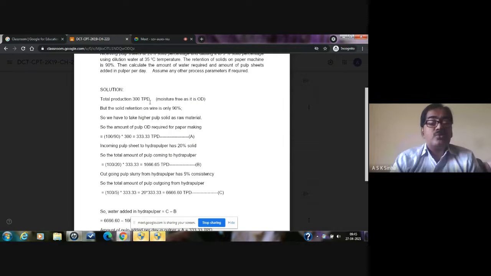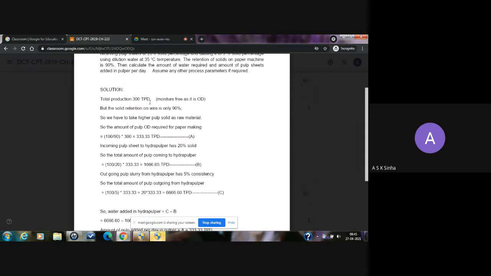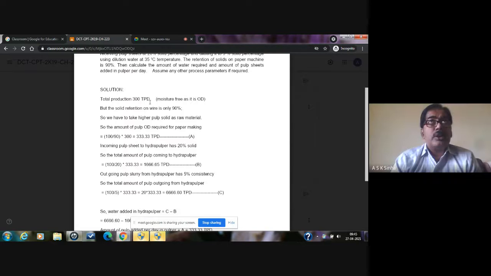Some fibers will pass through the wire holes during filtration in the wire section, and some fibers will remain in other sections like the pulper.